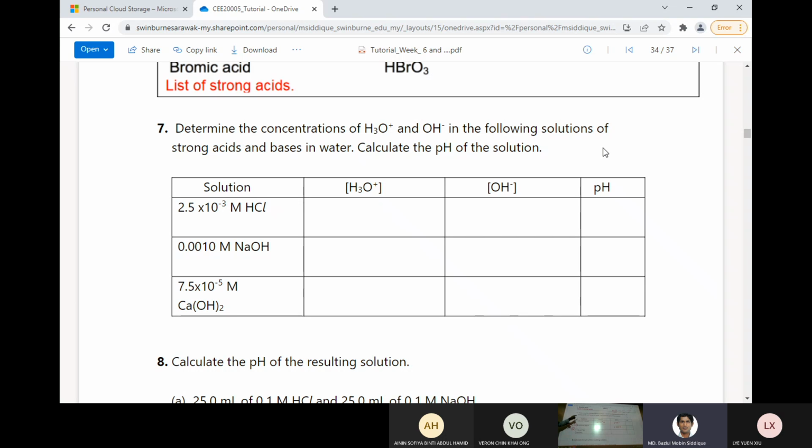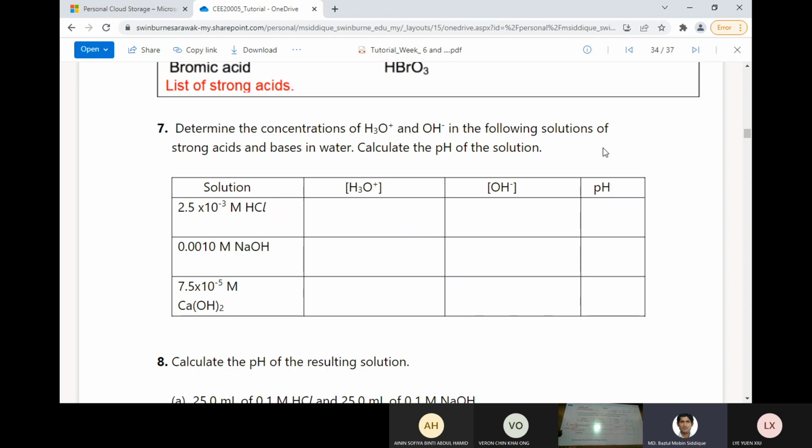And it is not telling us at what temperature and what pressure and what condition. So we will consider that it is at 25 degrees centigrade, so Kw will be 1 times 10 negative 14. And the hydroxyl ion concentration we already know from there.